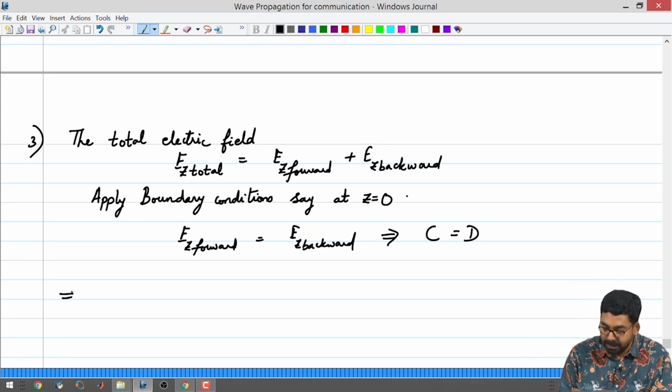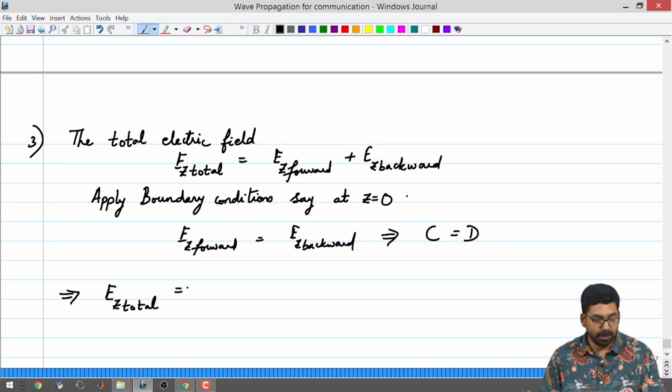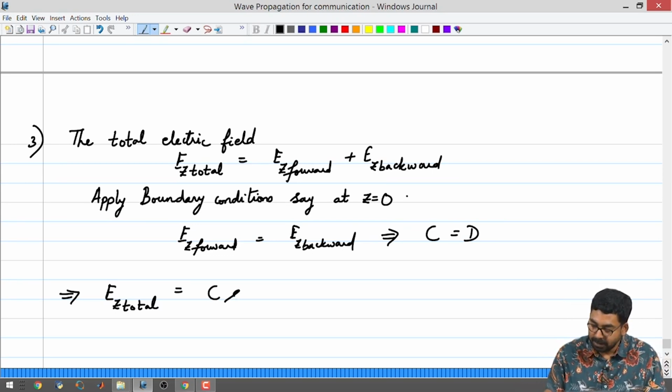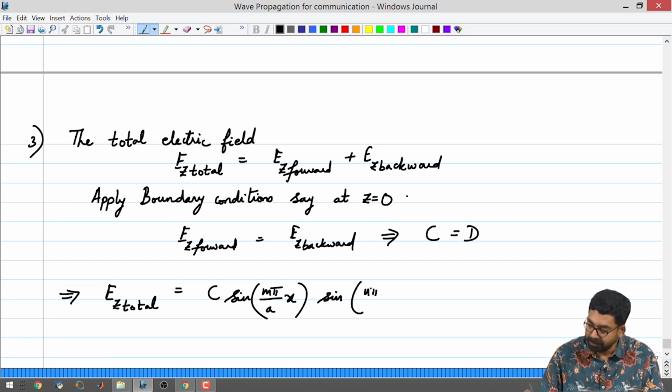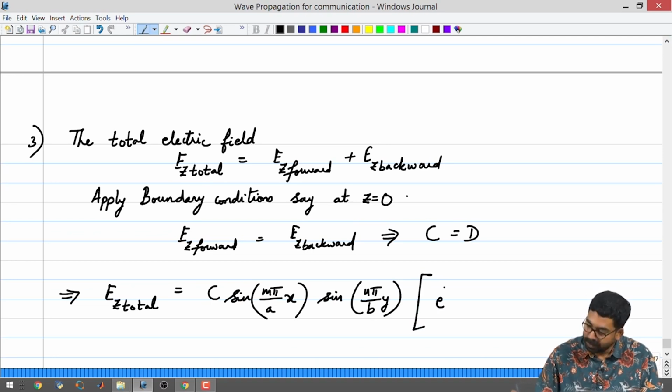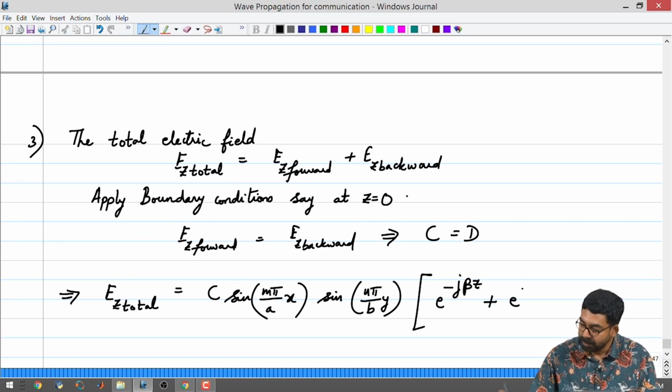This now means that the total electric field is going to be a summation of these two quantities, that is going to be c sin m pi by a into x sin n pi by b into y, and e to the minus j beta z is the forward part plus e to the plus j beta z is the backward part.